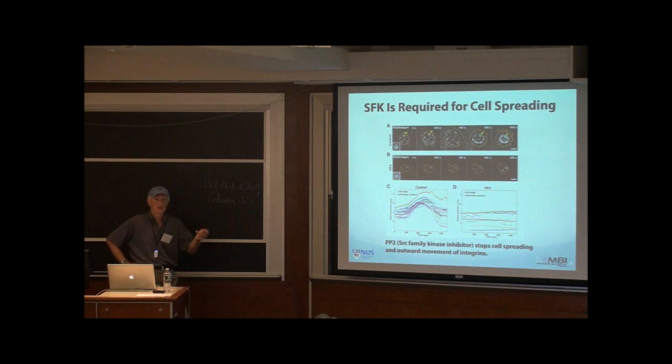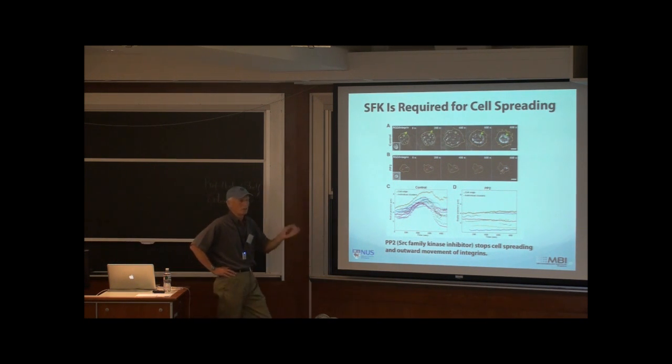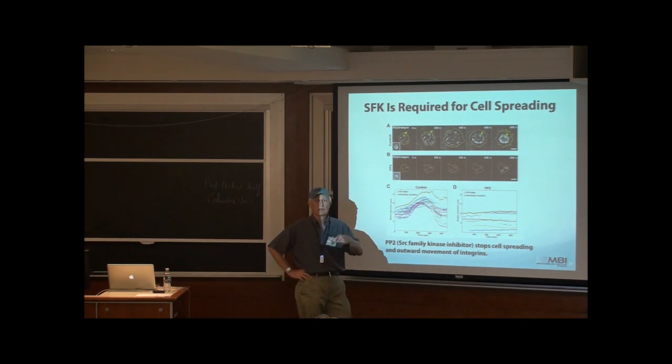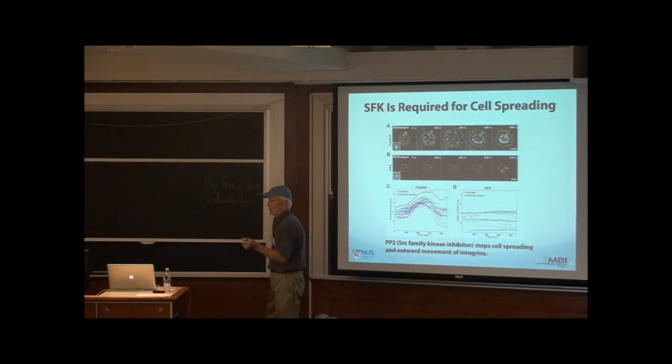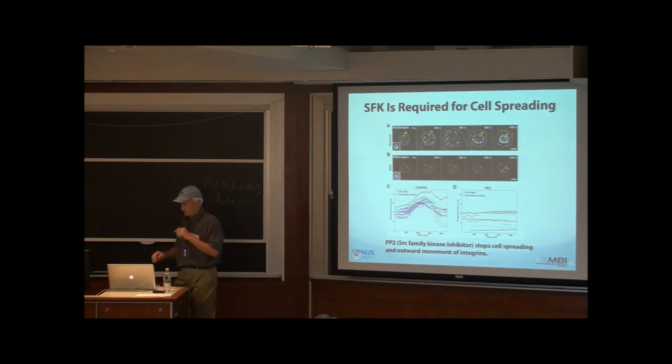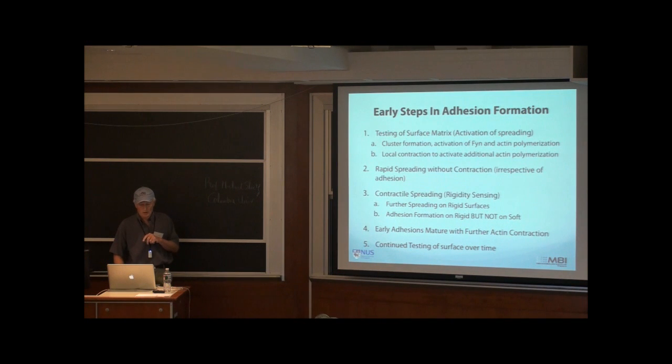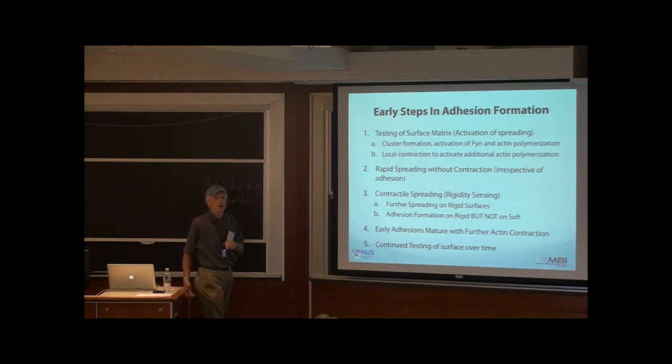Indeed, in many previous experiments, we've shown that inhibition of Src family kinases is sufficient to block the spreading process altogether. Okay. So as a result of using the supported bilayers, we see that the process of spreading is a little bit more complicated.